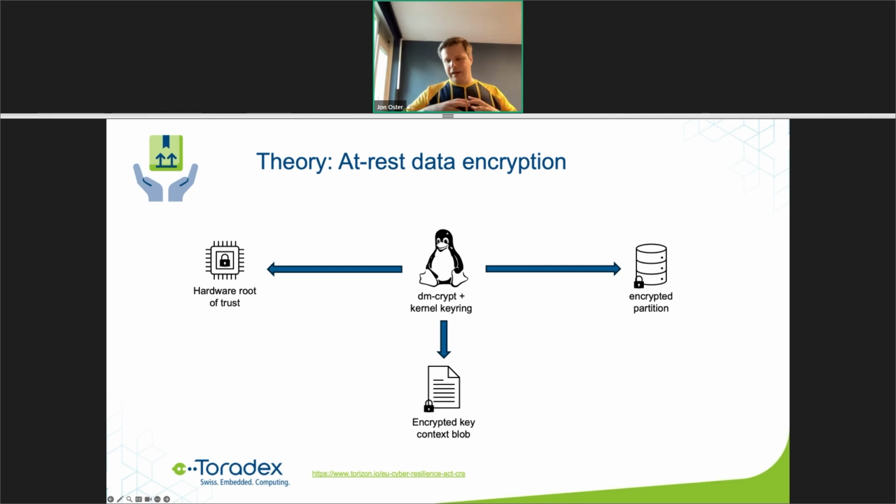And that blob is what allows the kernel to submit it to the hardware chip, so the TPM, the CAAM module, the NXP EdgeLock, whatever it is you're using, can take that key context blob to get the required key to actually decrypt the encrypted partition, and then the dm-crypt module decrypts data on the fly as it's used.